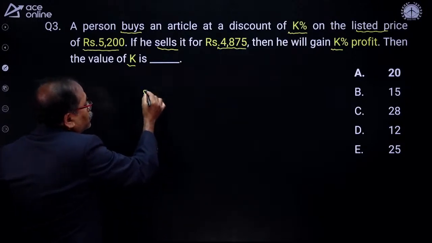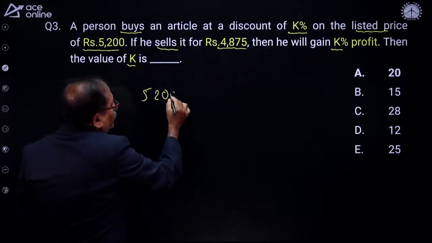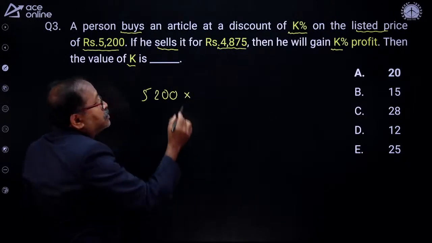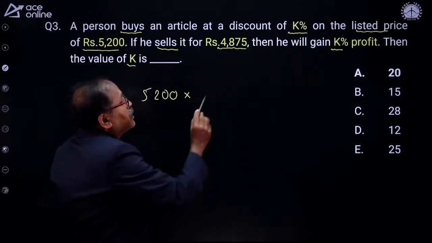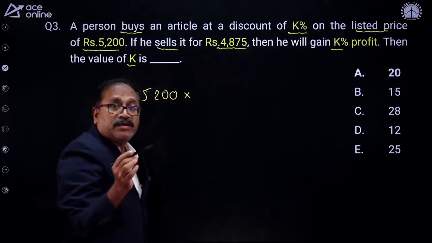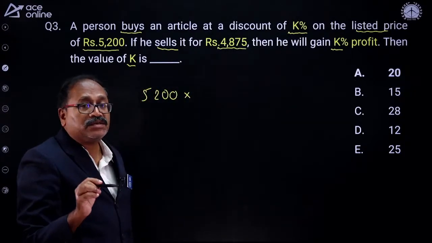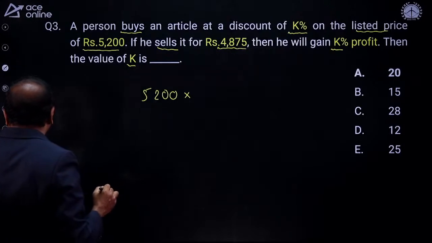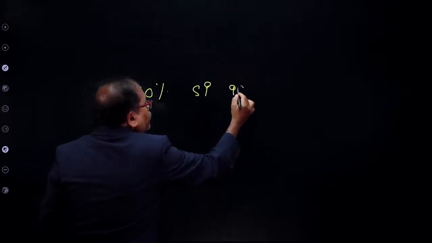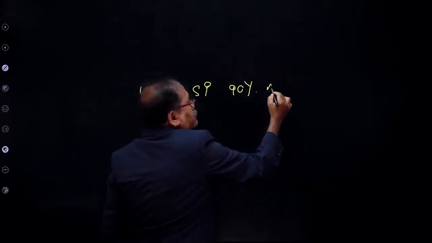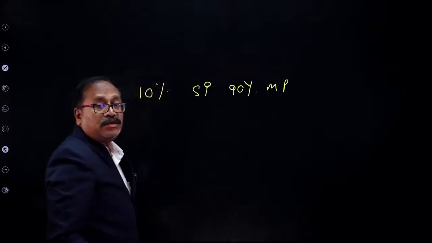You take that 5,200 and there is a discount of K%. That means the selling price will be 100 minus K by 100. Suppose the discount were 10%, what would you do? If the discount is 10%, the selling price is 90% of the mark price. How do you get this 90%?